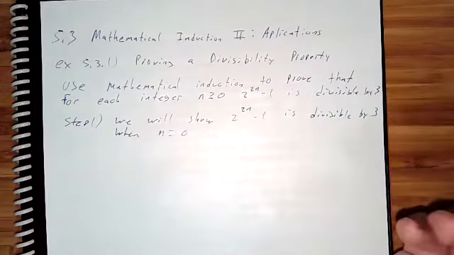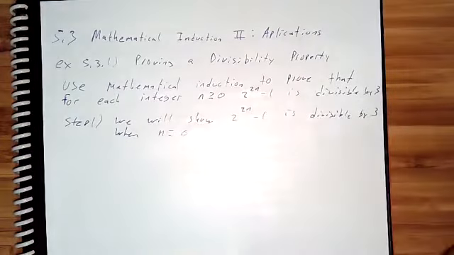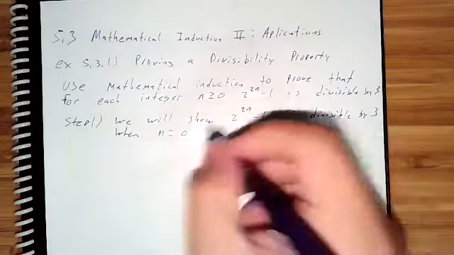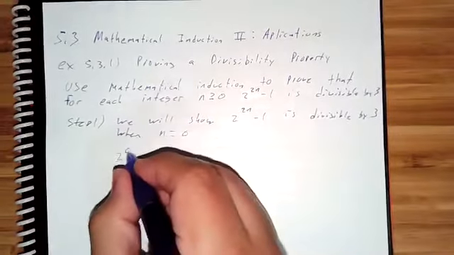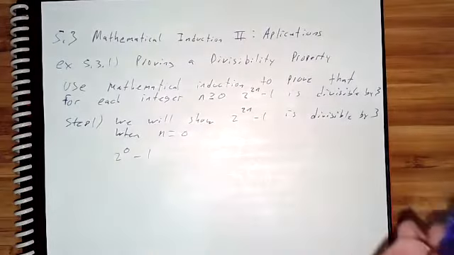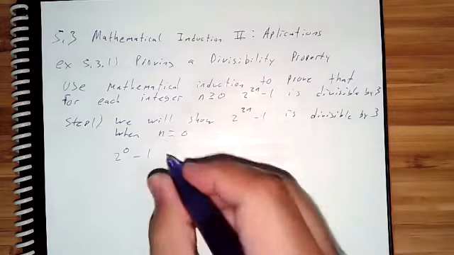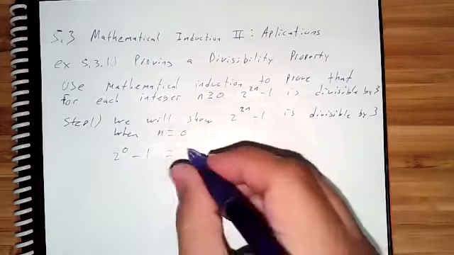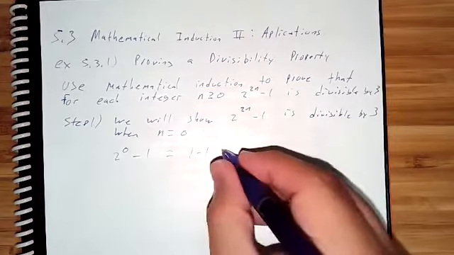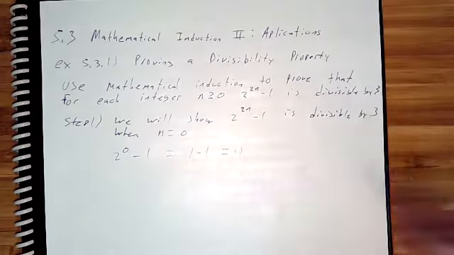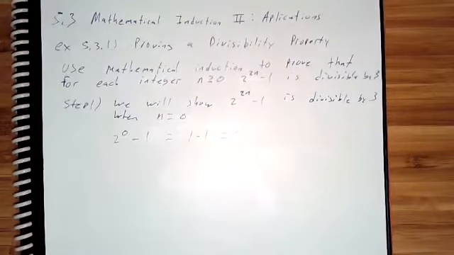So that'll be our step 1, using some fixed number, right? So 2 to the 0 minus 1 would be equal to 1 minus 1, which is 0. And technically, the 0 is divisible by 3.